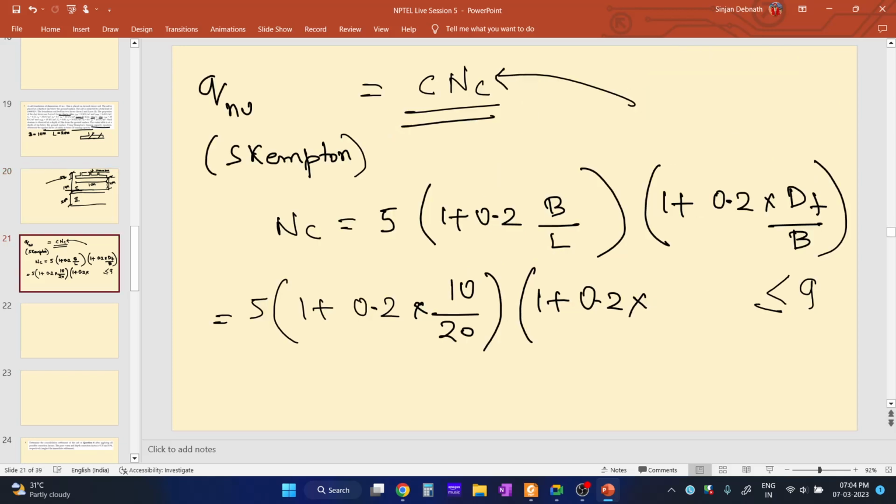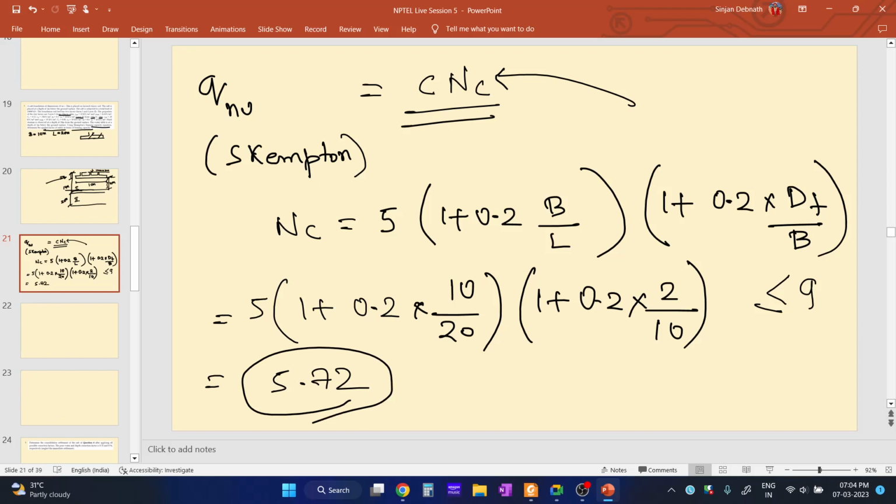The depth of the footing is 2 meter, and what is the breadth? It is 10 meter. Now if you calculate this, you will get N_c equal to 5.72, and this is obviously less than 9. So there is no problem.